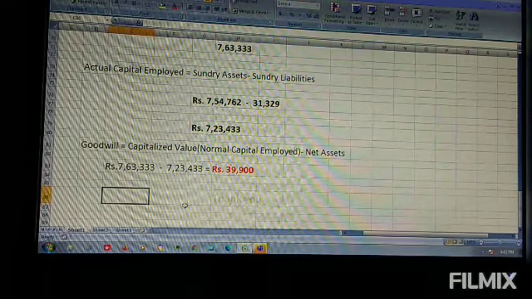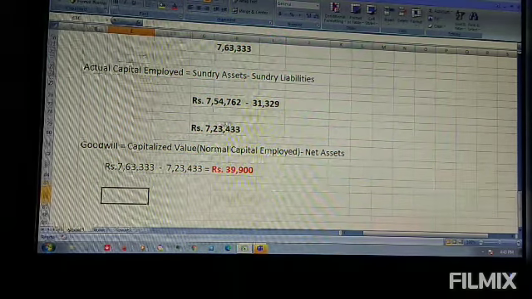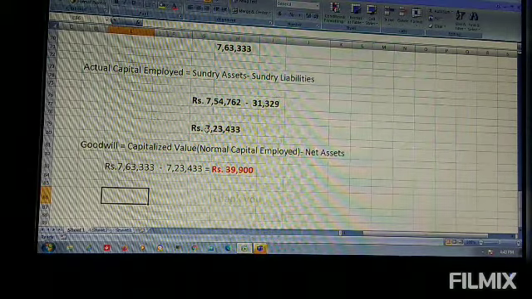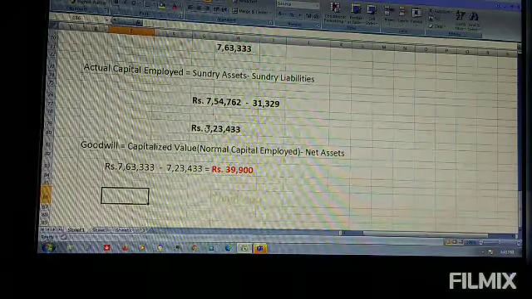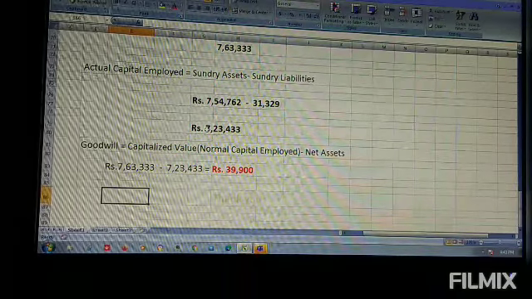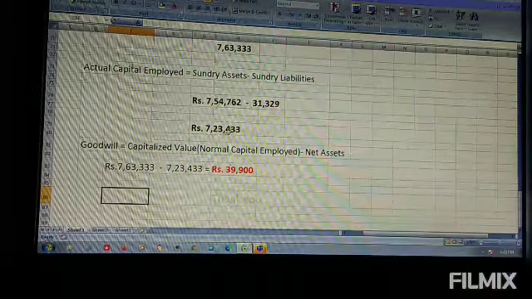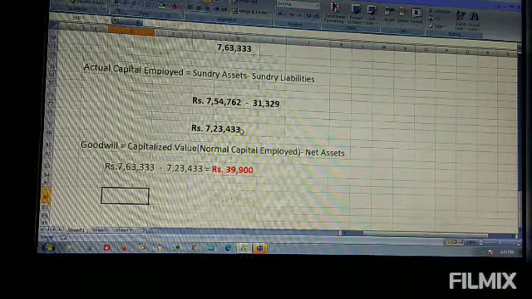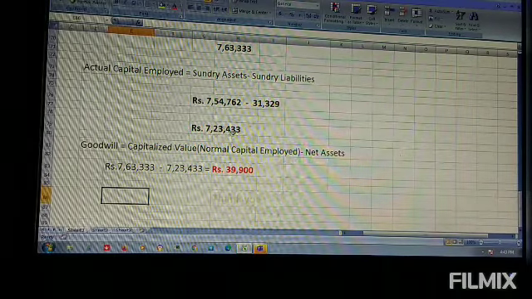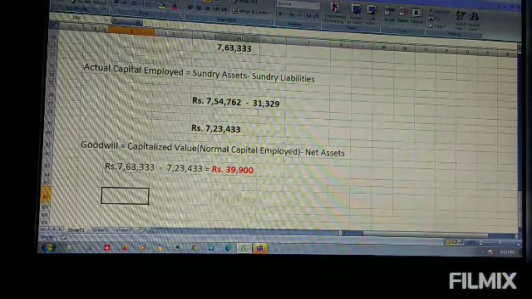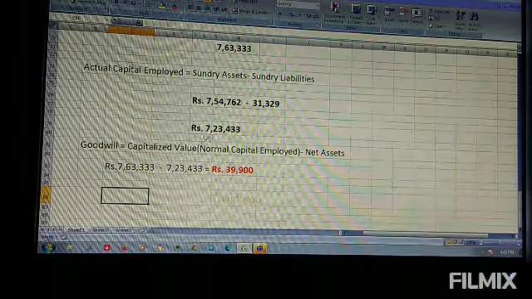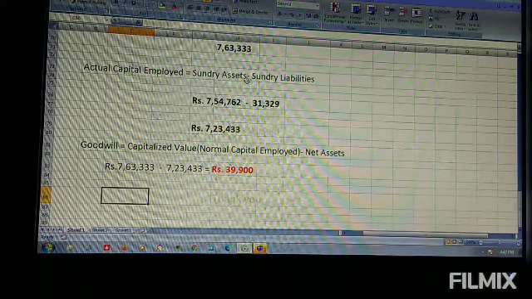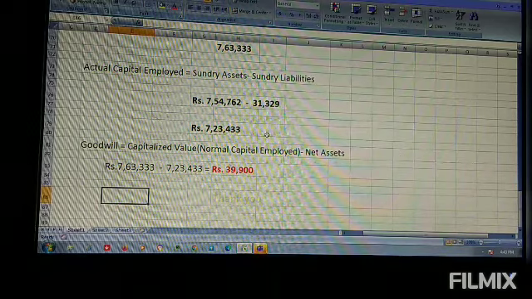The capital employed is only this much, but we earned 18%, the normal rate of return. 18% is possible when there is a capital of this much, but with less capital we could earn that 18% profit.